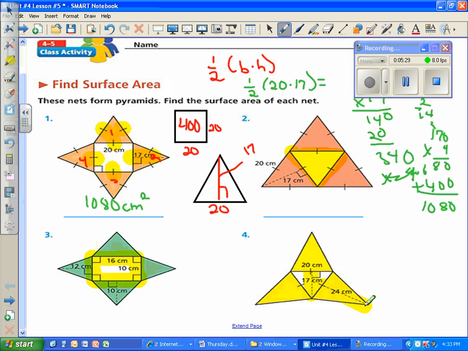But this triangle here and this triangle and this triangle are all three the same, but the middle one has a height of only 17. So be careful with that one as well, because they're not all equal. Three of them are equal, and the one in the middle, the base of this triangular pyramid, is not the same as the faces.